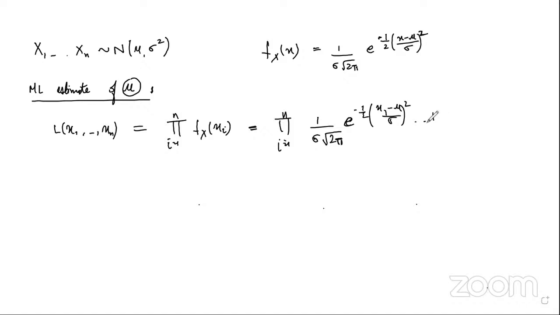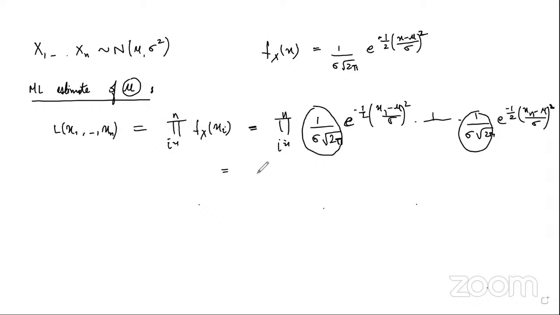then 1 upon sigma under root 2 pi e to the power minus 1 upon 2 (xn minus mu upon sigma) whole square. You can see that this term is being multiplied n times.